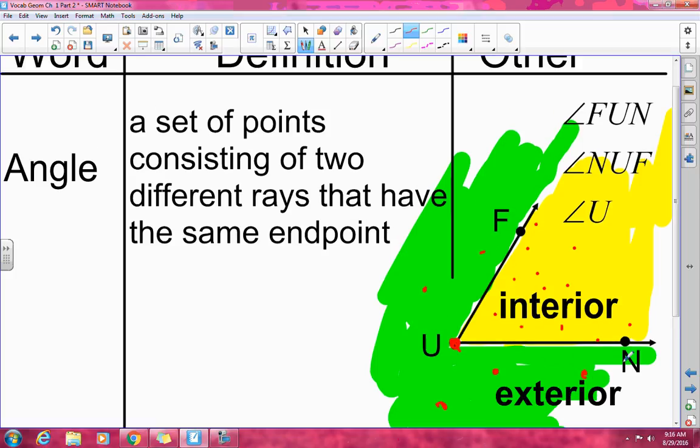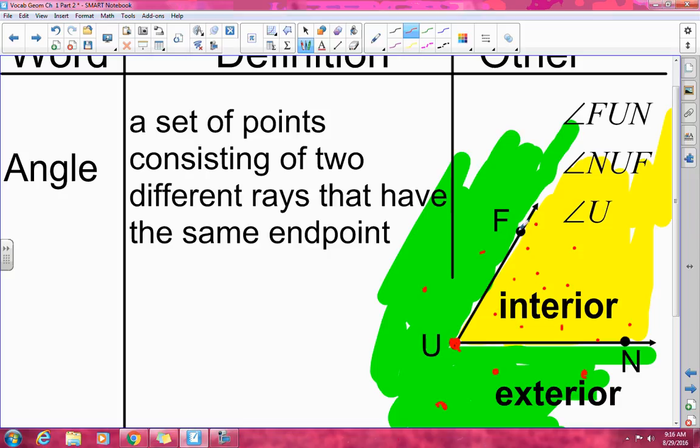And we can name this angle as angle, and there's our little symbol. You just kind of draw a little angle, F-U-N, or angle N-U-F. We could also call this one angle U. And a few things to notice, if you just use the one letter, it has to be the vertex of the angle.